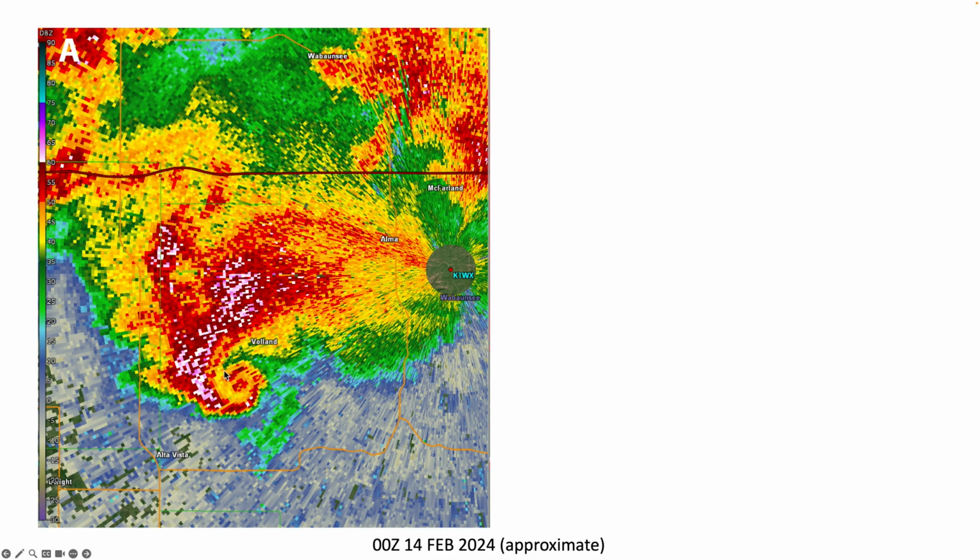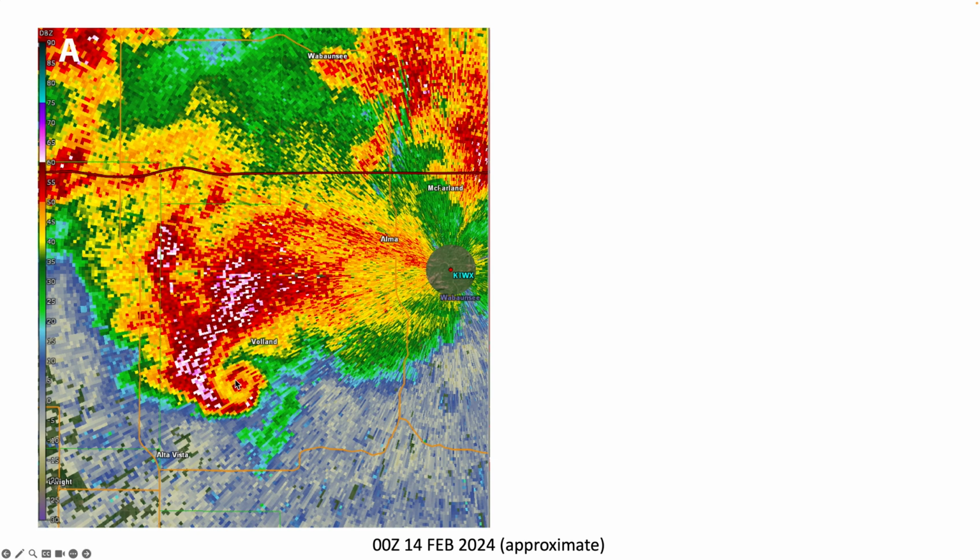And when you have a really high resolution image, what you'll see is typically a purple ball right here, very, very high reflectivities. And this is referred to as the debris ball. So the debris ball is literally where the tornado is located. It's located at the tip of the hook. And with the debris ball, you've got flying shingles and pieces of house and trees and cows and you name it. That's what's flying around in the debris ball.